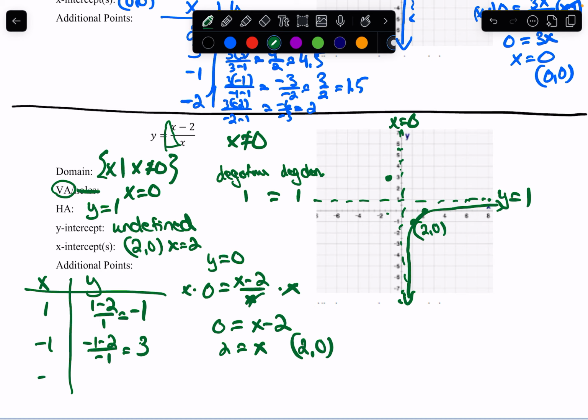Let's do negative 2 just to make sure. Negative 2 minus 2 over negative 2. So 4 divided by 2 is going to be 2. So that's going to be right here. And again, we know that it's going to approach x equals 0, and we know that this is going to approach y equals 1 and never touch.